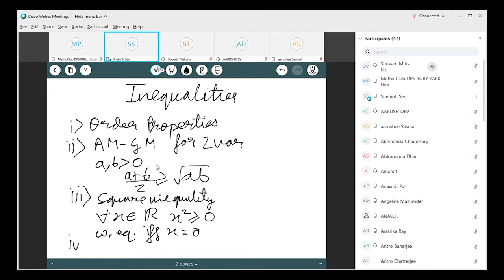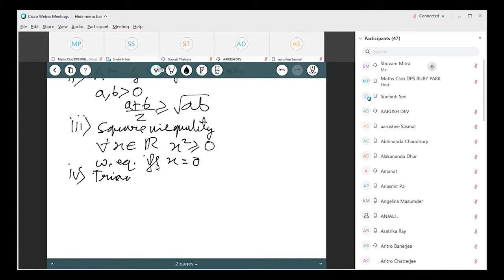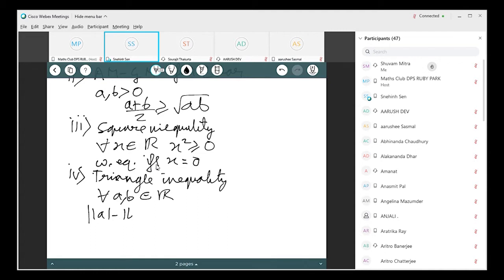And finally, the triangle inequality, which says in two variables, for all a, b belonging to R, mod of (mod a minus mod b) is less than or equal to mod (a plus b), which is less than or equal to mod a plus mod b. It's very easy. Proving this part would imply this part, and I'm sure you have seen the proof. That proof has been discussed.